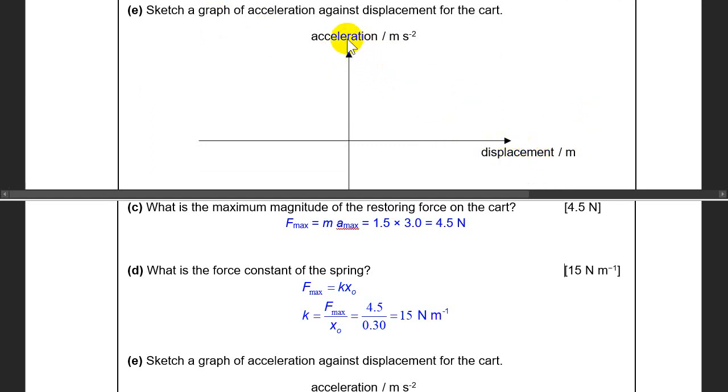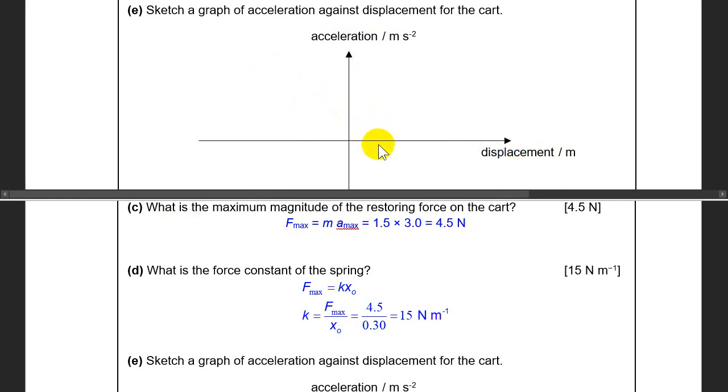In here, we specifically want the formula for acceleration in terms of displacement. Earlier on, part B, they asked us for acceleration in terms of time. We don't want that now. We want acceleration in terms of displacement, a in terms of x. Yes, the formula is a equals minus omega square x.